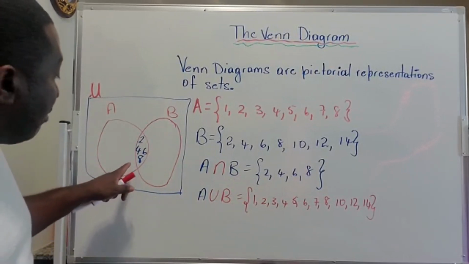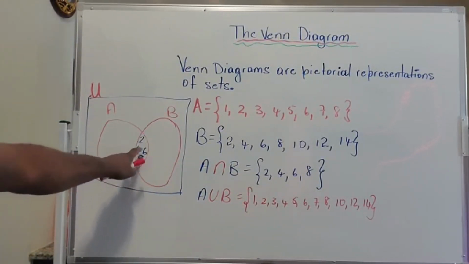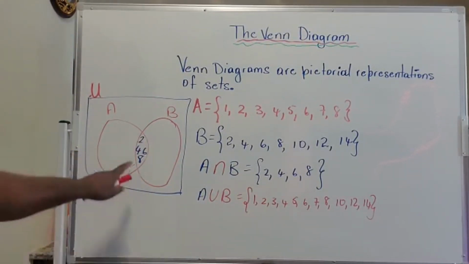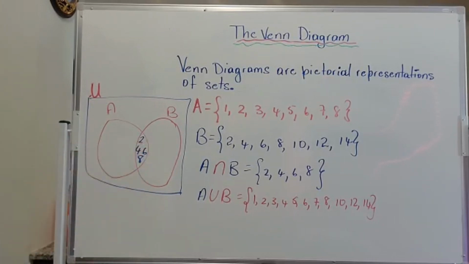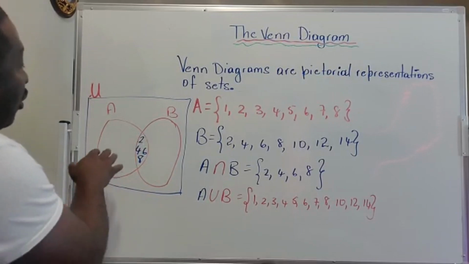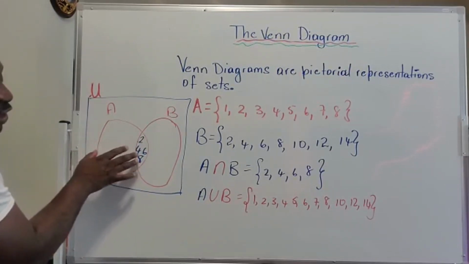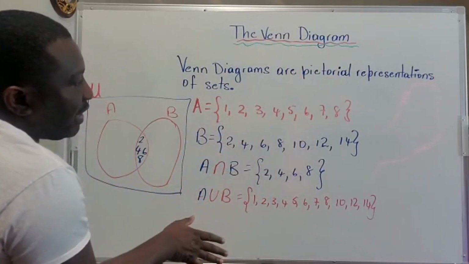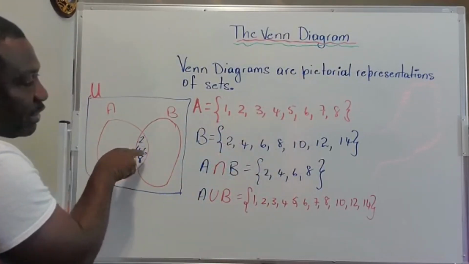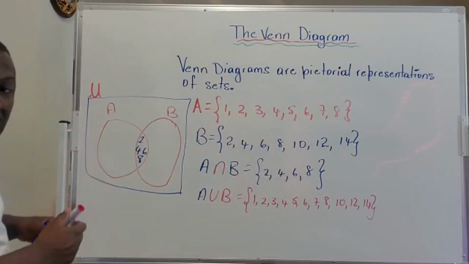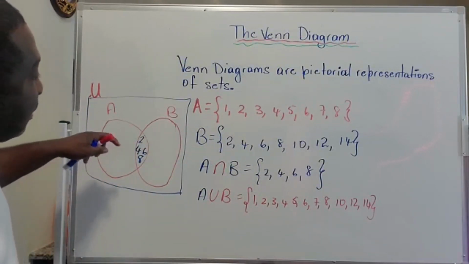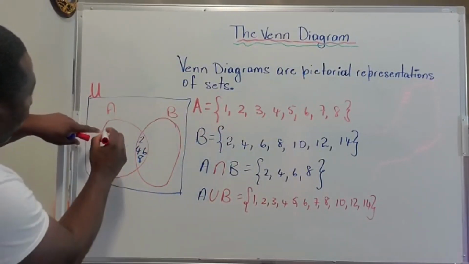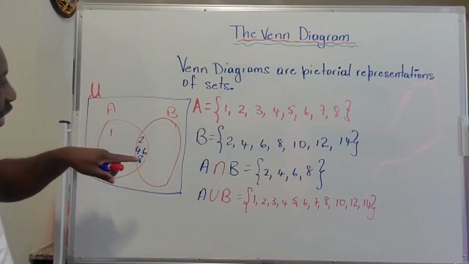These are common elements, hence those elements are represented in the overlapping or the intersection. Note, guys, that there are other elements that are also in set A as well as set B that are not being represented.